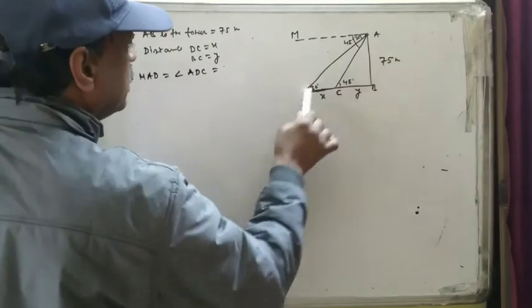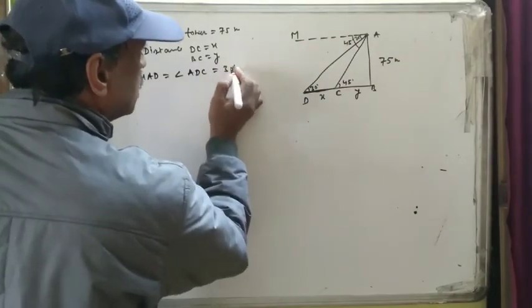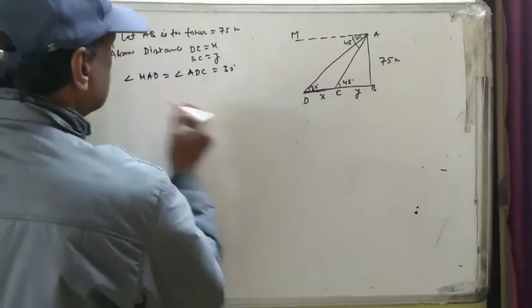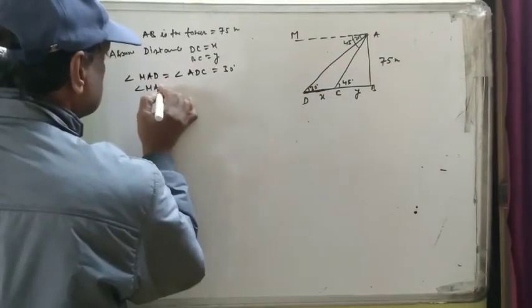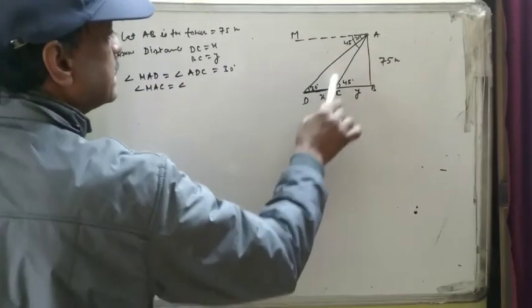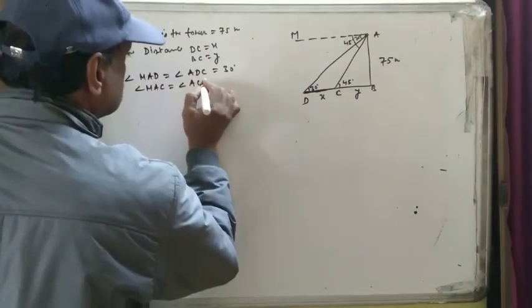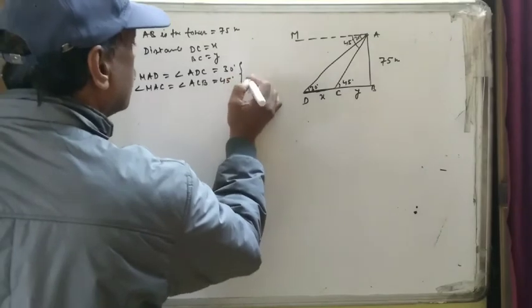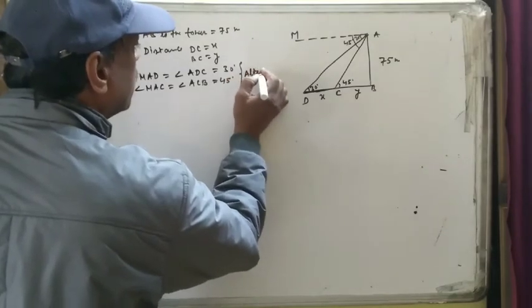This angle MAD 30 degree and ADC 30 degree. MAC equal to ACB. These are 45 degree. Why these are equal? Because they are the alternate angle.